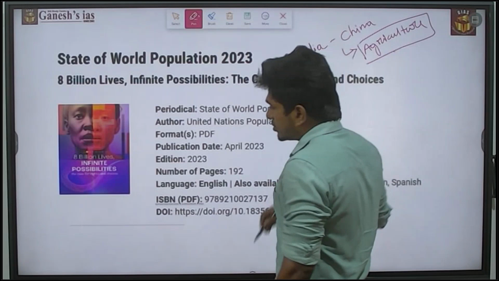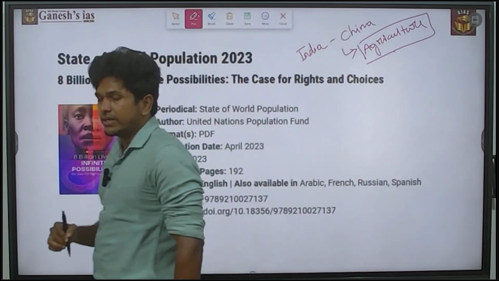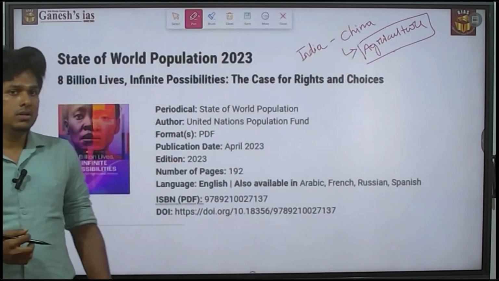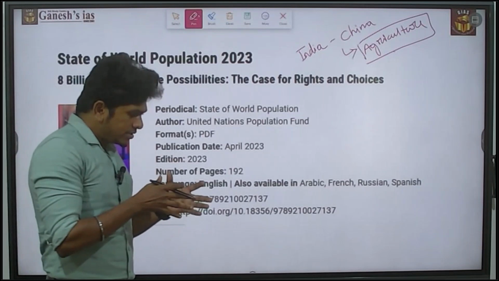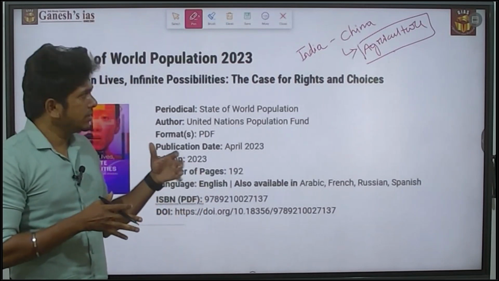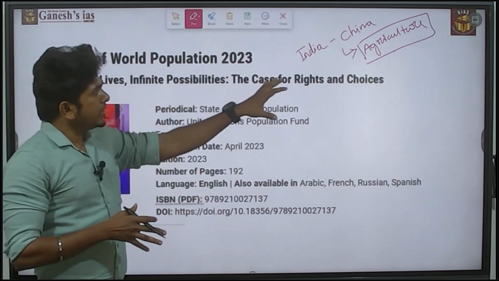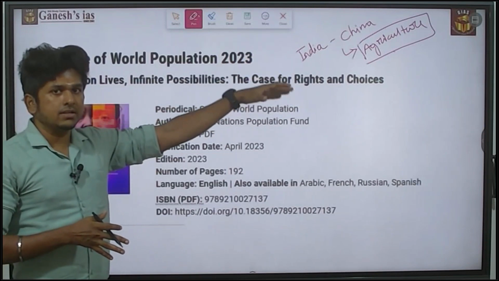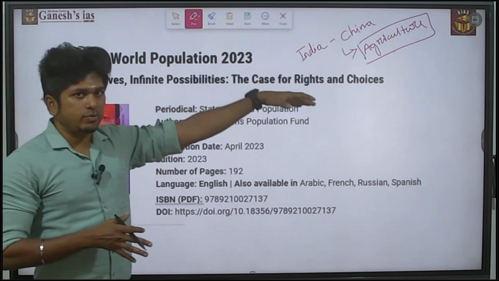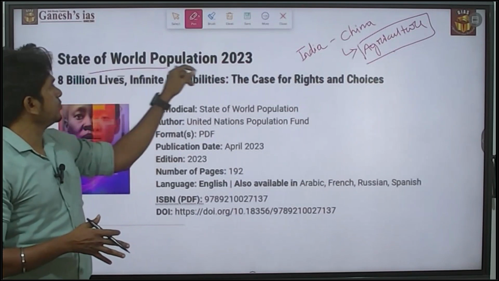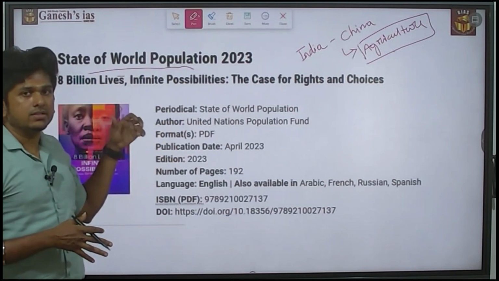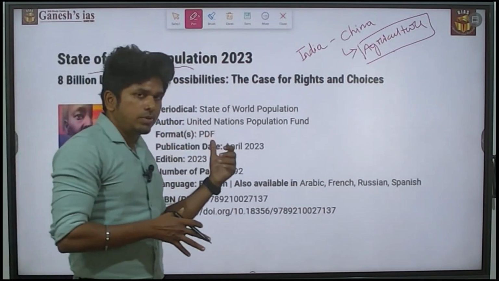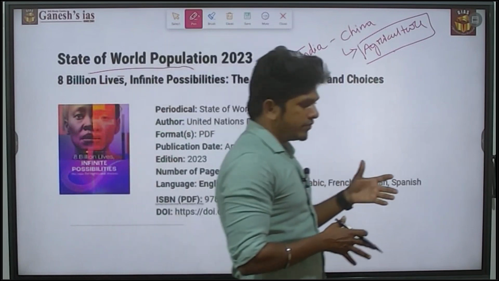Based on the agricultural data, they compared the two countries. The peculiar part is that they compared agriculture productivity and also the availability of lands and irrigated land mass. That was in this report. Based on that only, they asked a question about arable lands, irrigated fields and productivity.